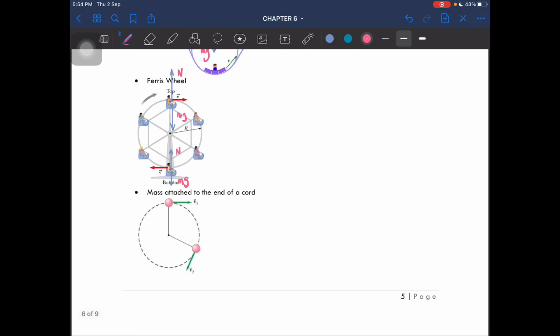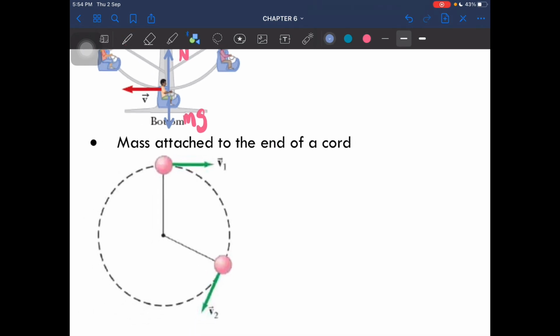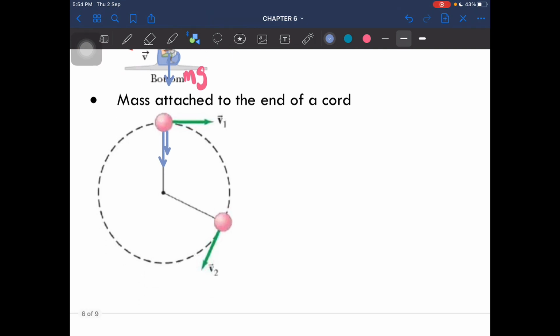Lastly, a mass attached to the end of a cord. For this one, for this point, there is tension. So this one is mg, and the tension is here. For this one, the mg is here, and the tension is going to this side.